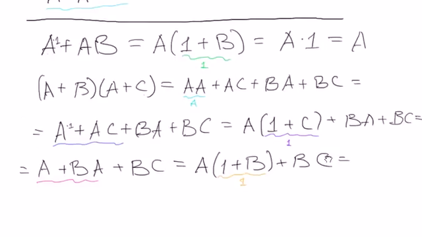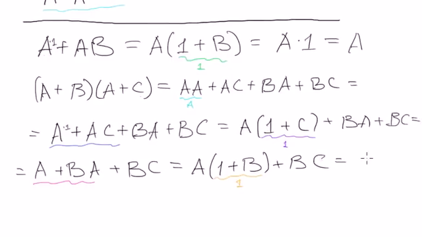So the whole expression will be a plus bc, and that's the answer. So you can see we went all the way from this expression to this one. That's how we simplify Boolean expressions. That's one of the ways. Afterwards I will tell you some other ways as well.